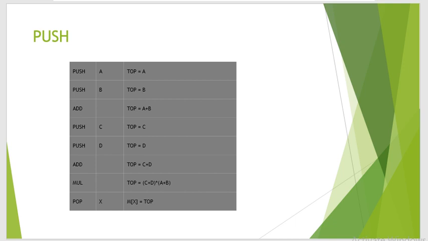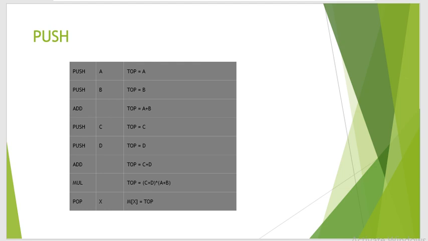After that the content of a, that is the value of operand a, will be transferred to the TOS. Then push b. The push b instruction is used to insert the operand value b into the top of the stack.